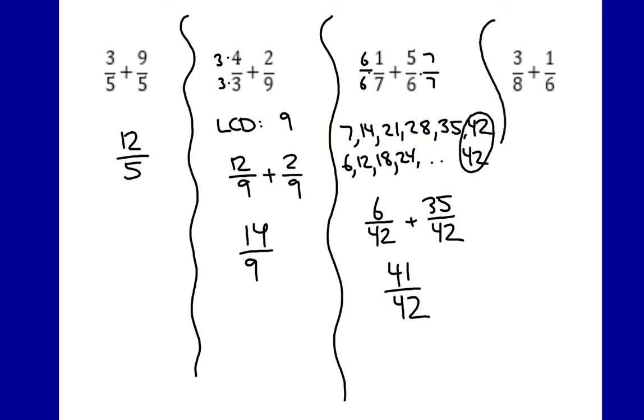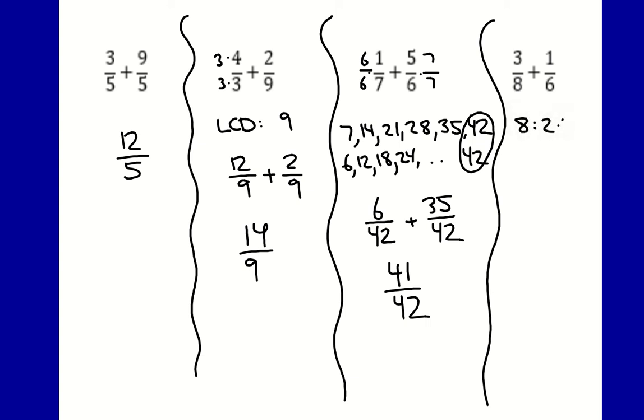In the last example, the 8 and the 6 both share a common factor of 2, but 8 is not a multiple of 6. So we can figure out what the common denominator is. This one is the most like what we're going to be seeing in Algebra 2. We can figure out what the common denominator is by breaking these into prime factorizations.